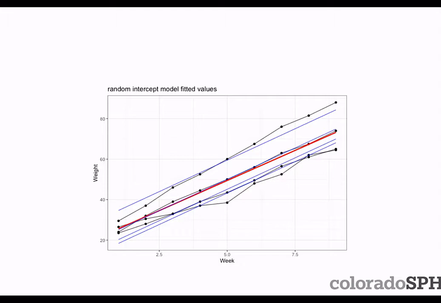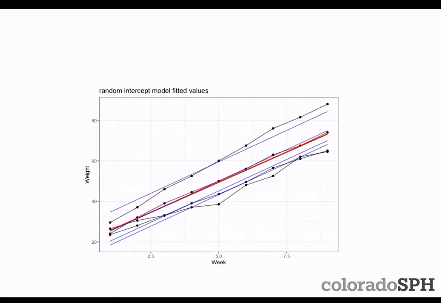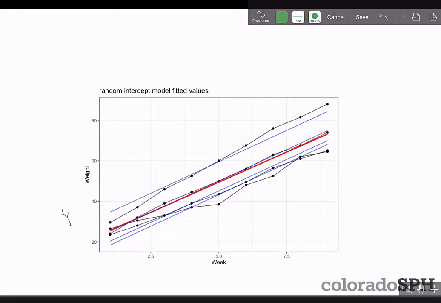In the plot, the black lines show each of the pigs' original data trajectories. The blue lines show the fits, the y hat i, for each of the different pigs, and the red is the population mean, which also comes from that model.